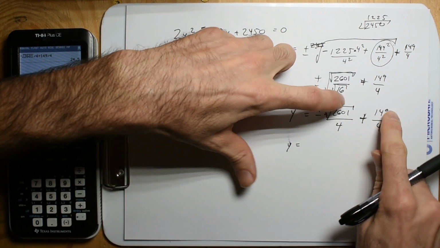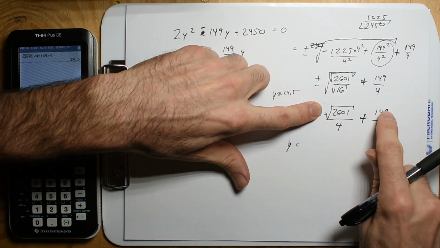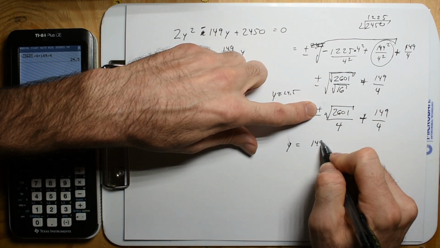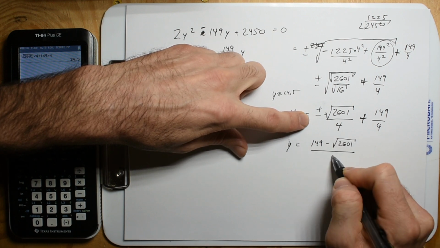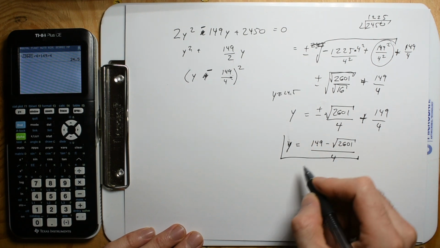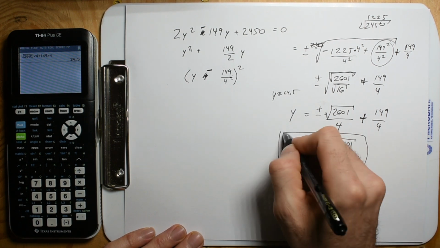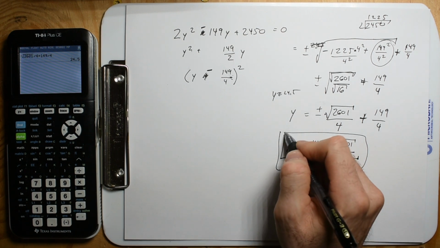I can add these two numbers because the denominators are the same. This one's negative, this one's positive, so I'm going to put this one out front: 149 minus the square root 2601, divided by 4. And so now we have an equation for y. Whoops, damn it. Hell yeah, you know what I mean? We did it. So that was pretty cool.